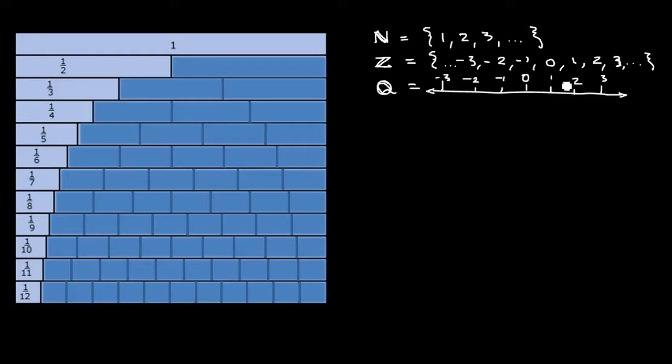So if we divided it between the 1 and the 2, somewhere along here, we're going to have another value which we can represent by, let's say, 7/4. What we've done is we've taken two of our integers, divided one into the other to give us this in-between value that we call a fraction.